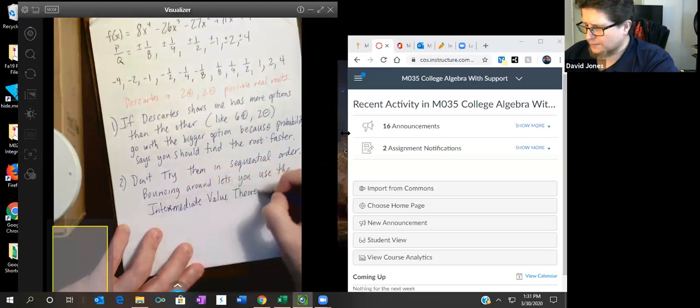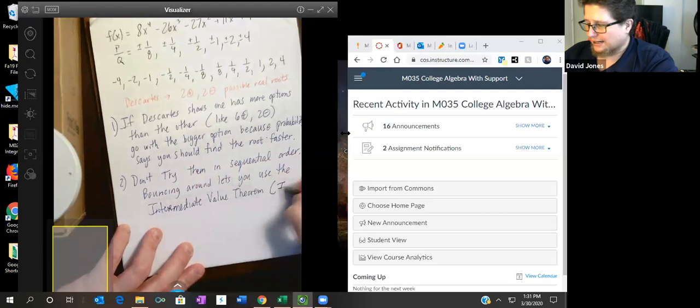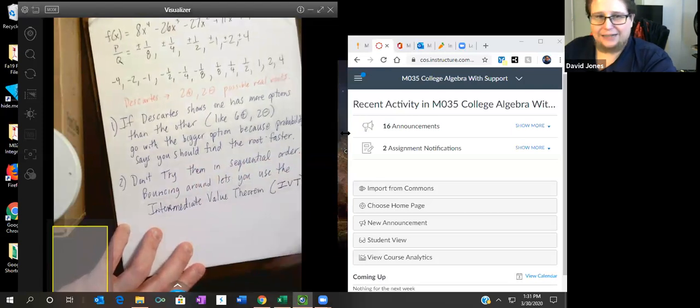And this theorem comes up so often, this is a well-known abbreviation, IVT.